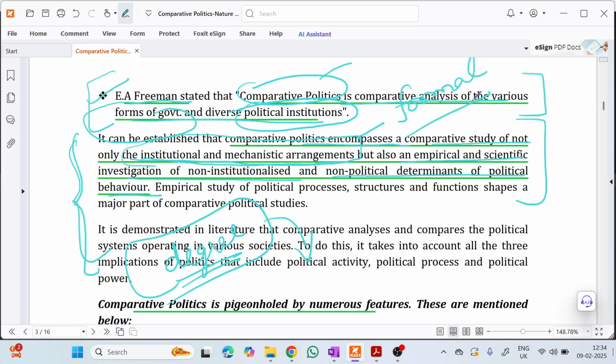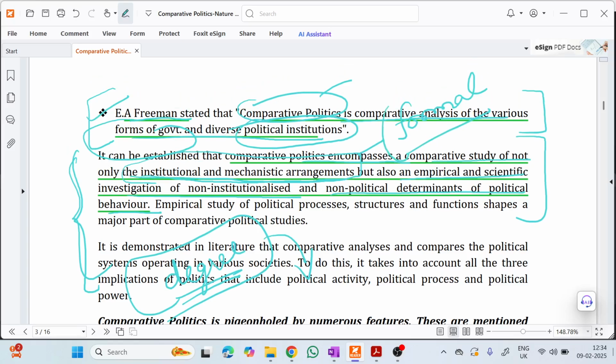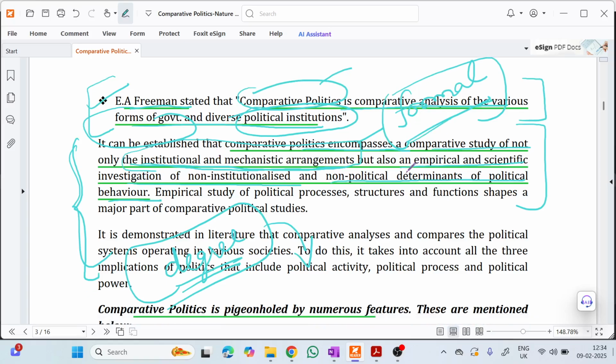And formal polity itself means government, the government that is elected by people. So comparative politics is not only studying such formal polity, but this method also integrates an empirical and scientific investigation of non-institutionalized and non-political determinants. So other informal actors have also been studied and their political behavior has also been integrated.